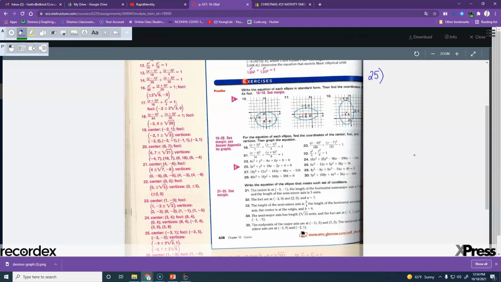So for 25, we would have 3x squared plus 18x plus y squared minus 2y equals negative 4.